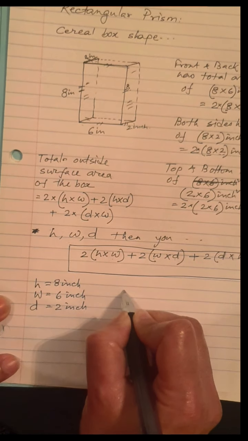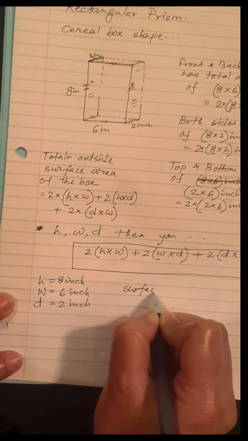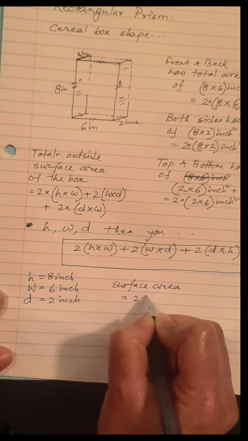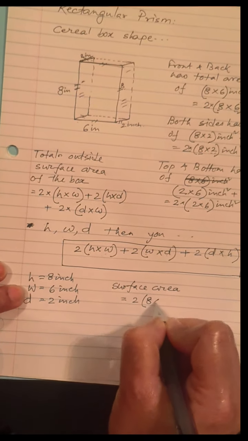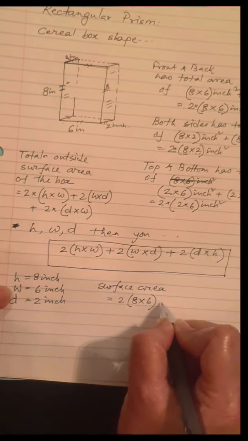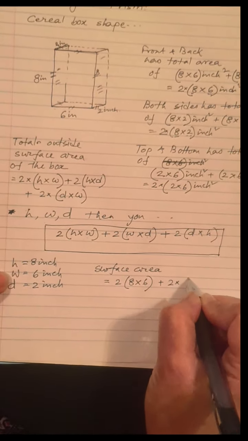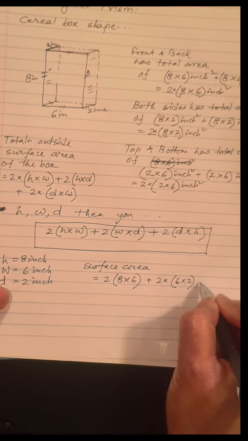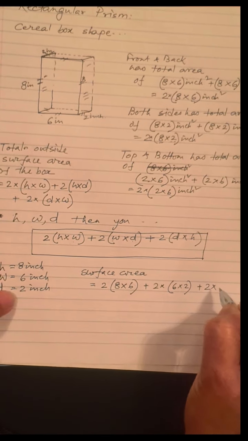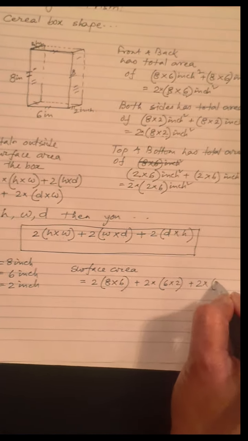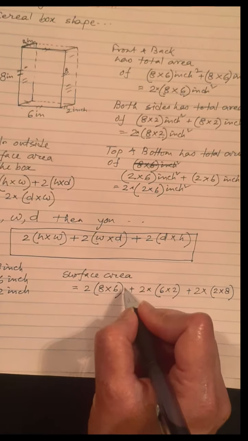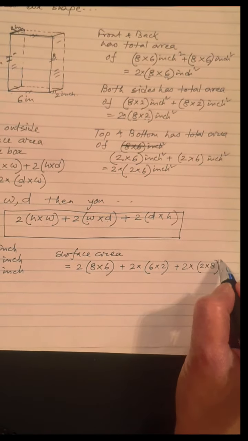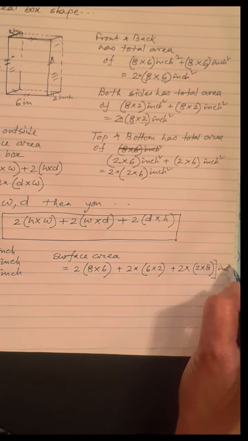So the surface area of the box is equal to 2 times h times w, 8 times 6, plus 2 times width times depth, 6 times 2, plus 2 times depth times height, so 2 times 8, and all of them are inch times inch, so this is inches square.